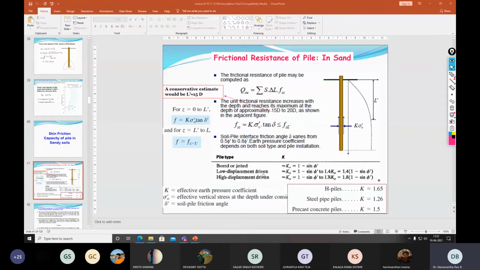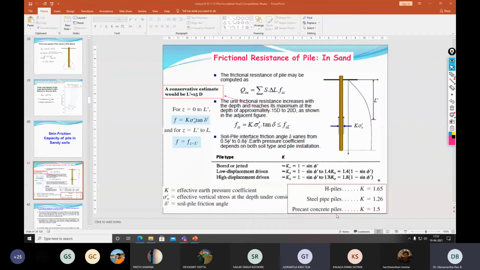In the sum it is mentioned driven pile, so you can use 1.4 into 1 minus sin phi or 1.8 into 1 minus sin phi. We do not know whether it is low displacement or high displacement, so to be on the safe side you take 1.4 into 1 minus sin phi.